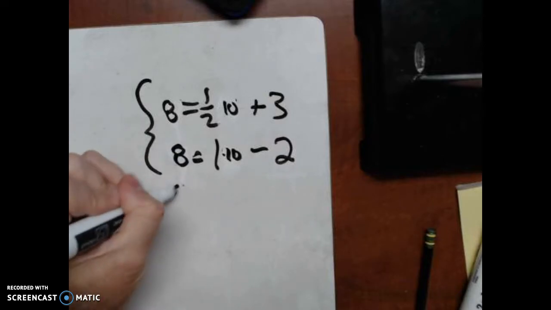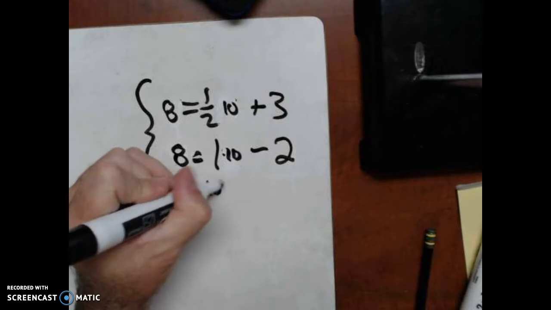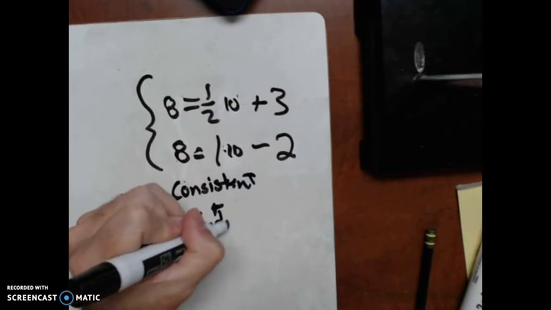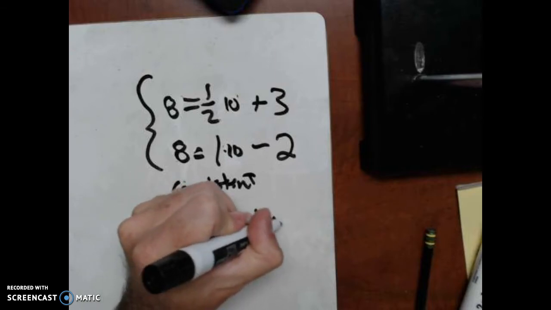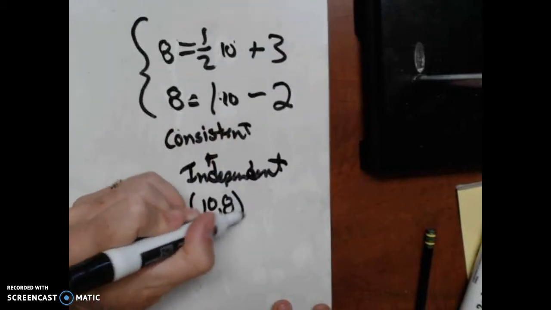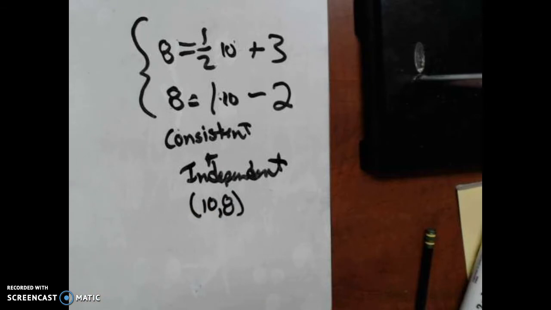We have consistent and independent. And we have our answer, 10, 8, for this set of linear equations. The rest of everything you have to do is just looking for that.